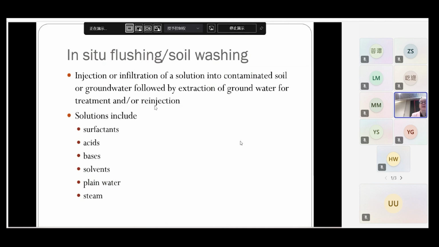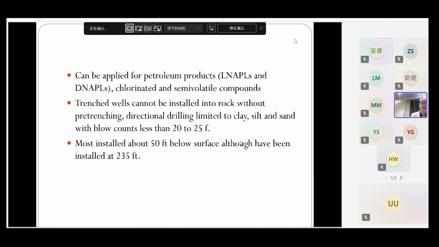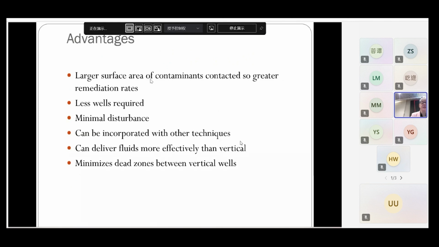So again, you need to understand the hydrogeology. It's most applicable for highly permeable soils, and really applicable for soluble contaminants. I won't go into all of these little details, but basically, yeah.